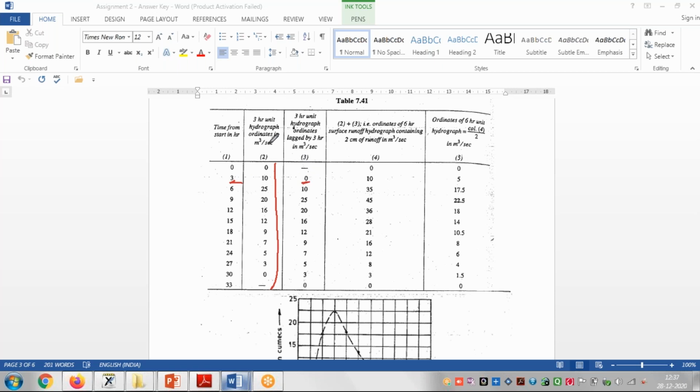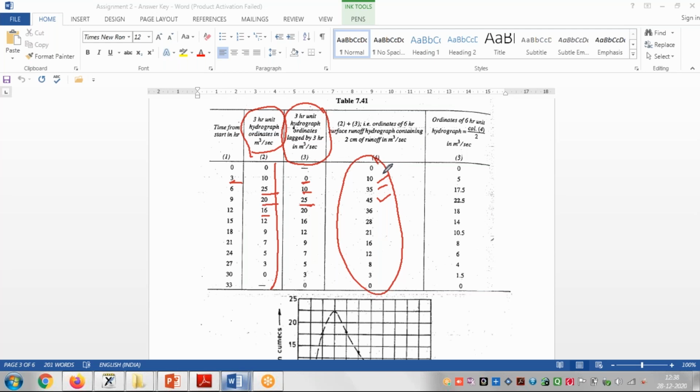So this is because of a 3-hour unit hydrograph, and this is also because of a 3-hour unit hydrograph. When I add these two, what will I get? 0 plus 0, it is 0, then 10 plus 0, 10, right? Then 25 plus 10, 35, then 20 plus 25, 45. Then likewise, when I add, I will get these ordinates.